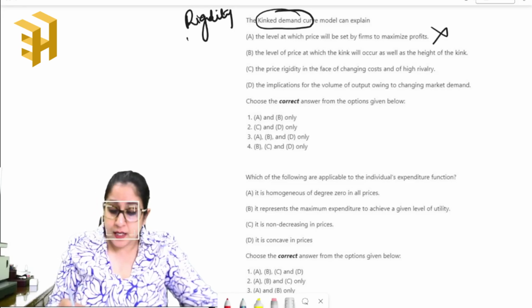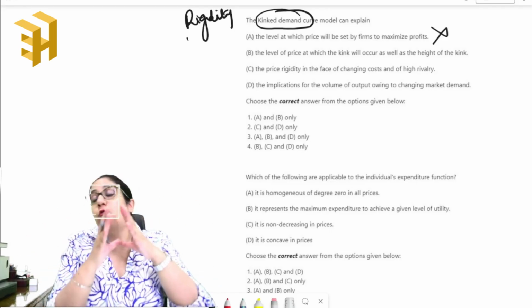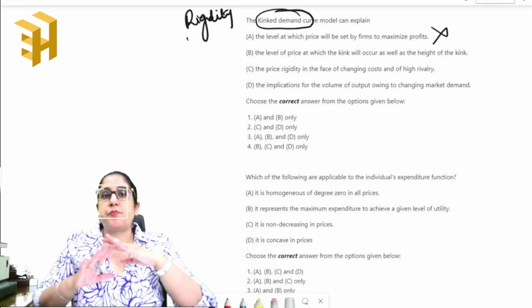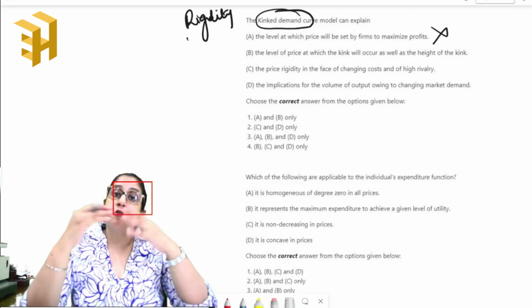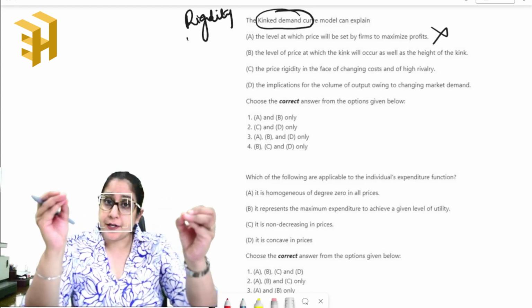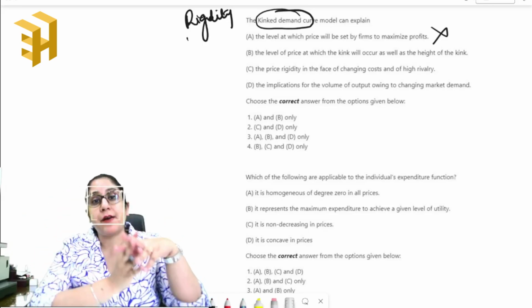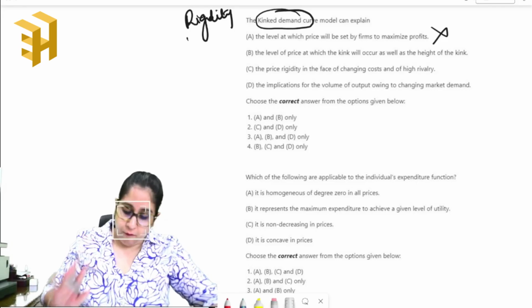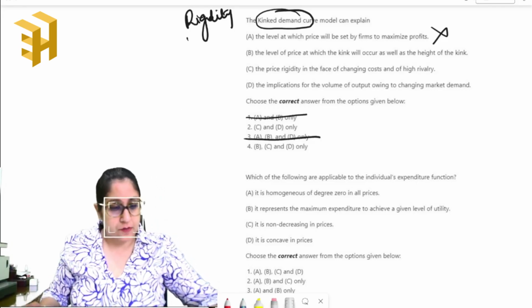No, basically the kinked demand curve actually reveals the rigidity. It does not measure the profit maximization, or rather it is difficult to determine an exact point of price and demand at which a firm maximizes its profits, right? So A is false. So we can strike out options 1 and 3 like this.